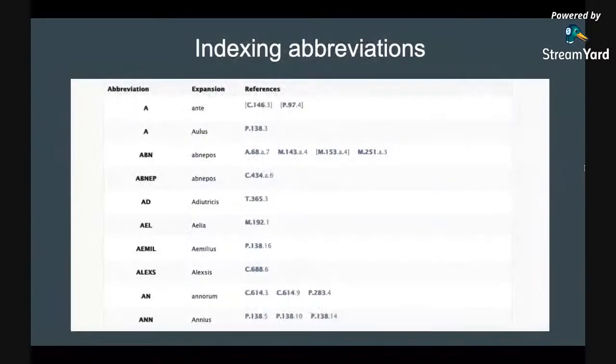And then we have abbreviations, again from the same project. Here in the index, we have decided to display both the abbreviation, which was present on the stone, and the editorial expansion of such abbreviation.